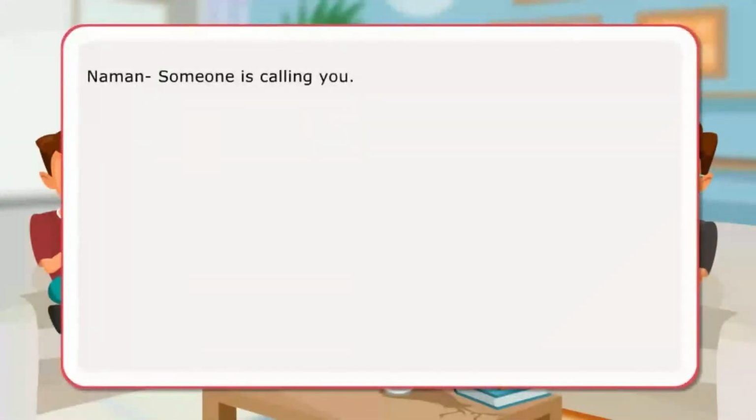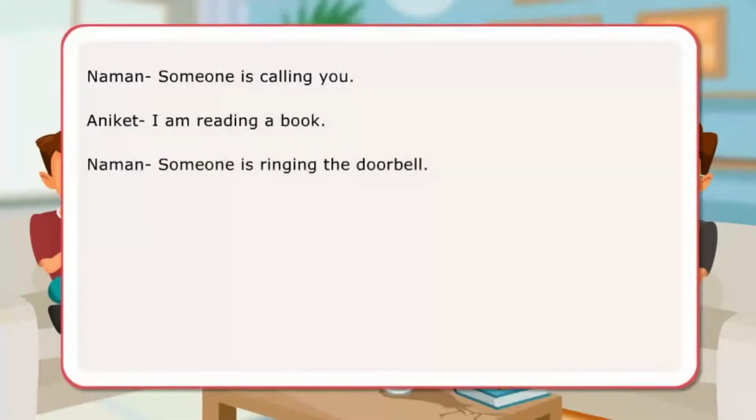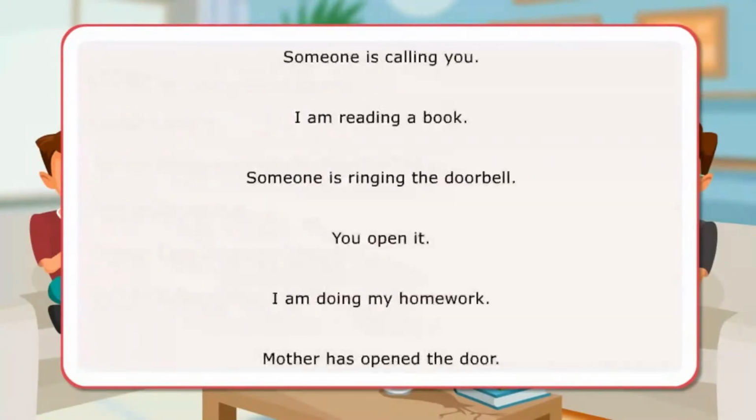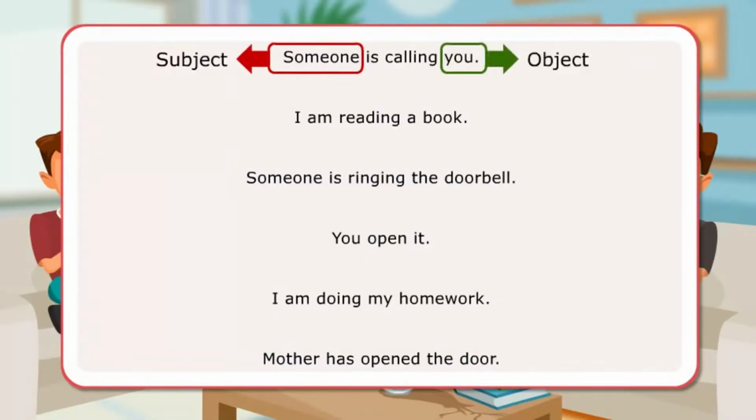In the dialogues, the boys have used sentences that have a doer of the action happening and also a receiver of the action. These are examples of subject and object in the conversation. Someone, subject. You, object. I, subject.